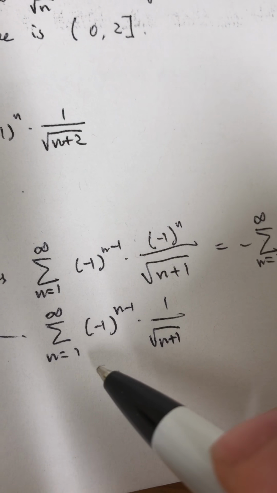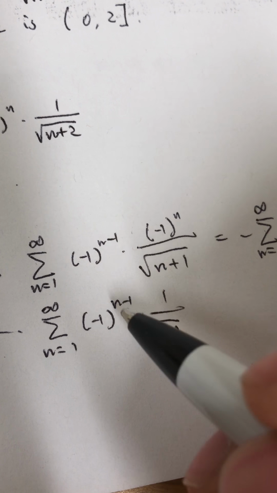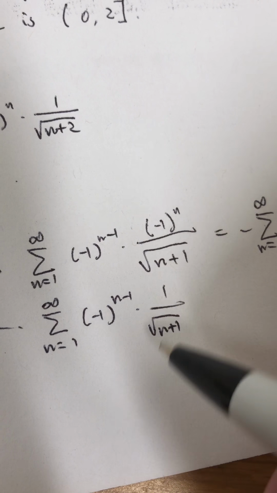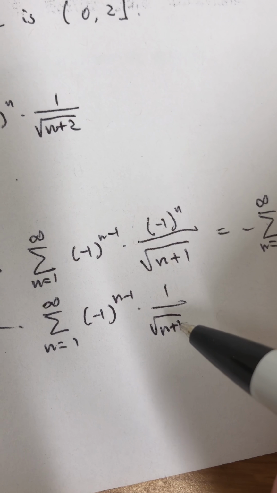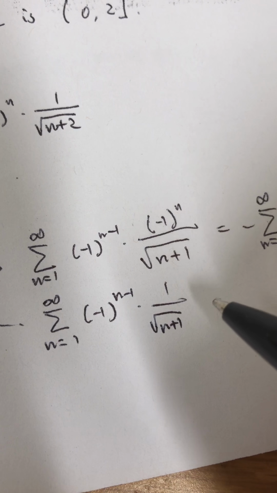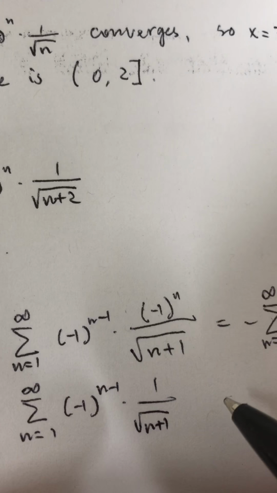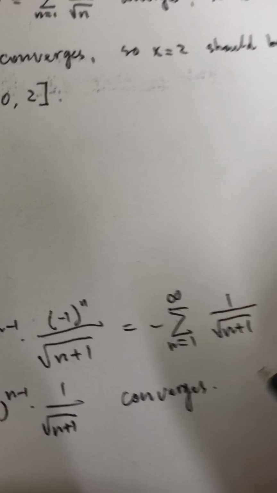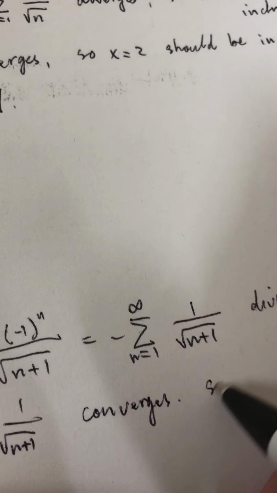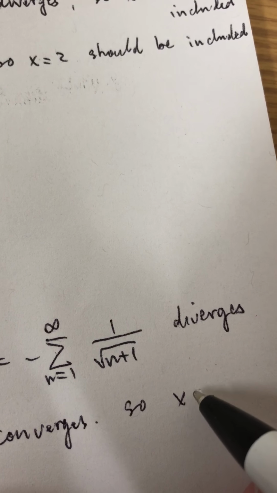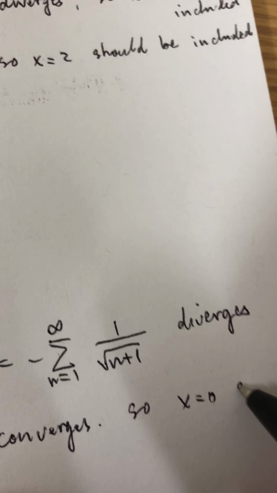This is an alternating series. The absolute value of the general term, which is 1 over root n plus 1, decreases, and it has limit 0. So we know that this is convergent. So x equals 0 should be included.